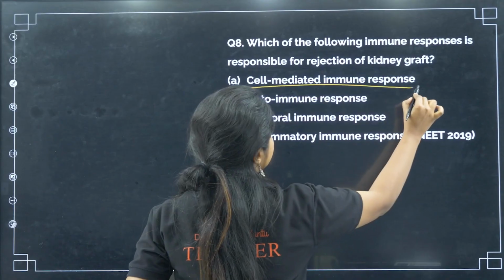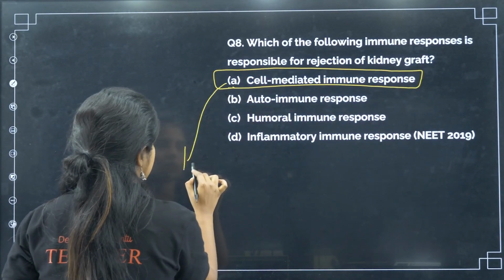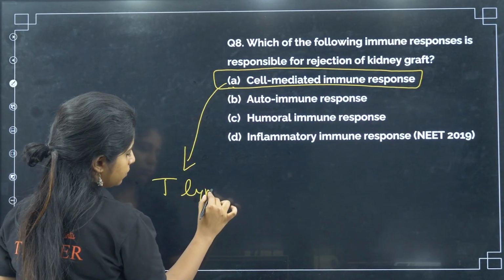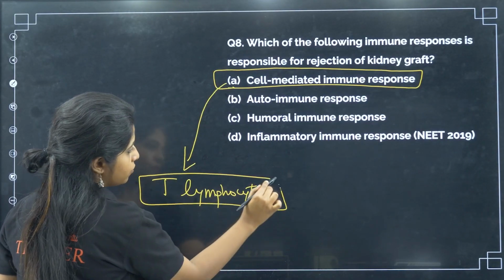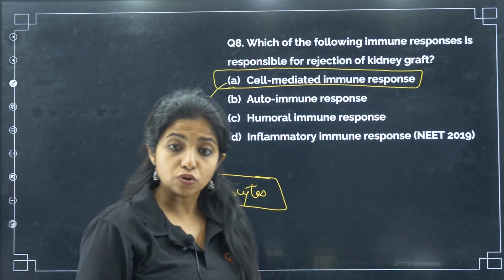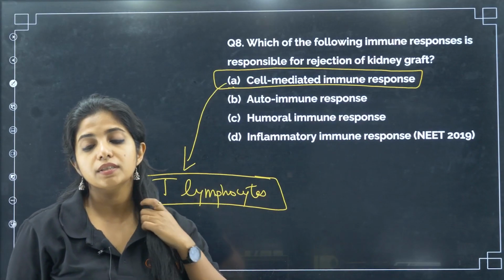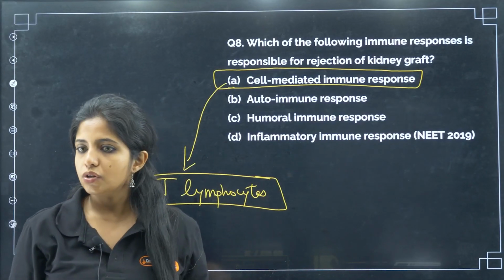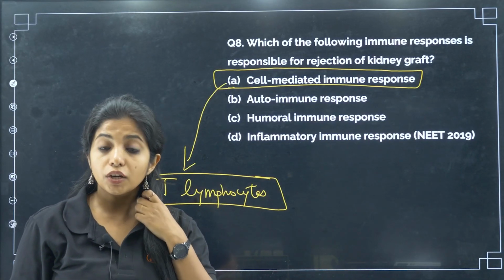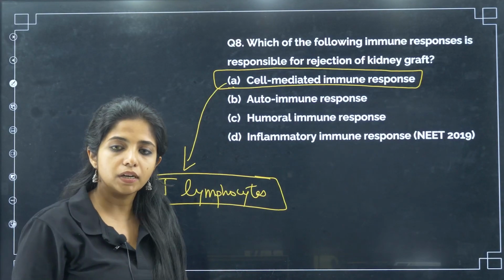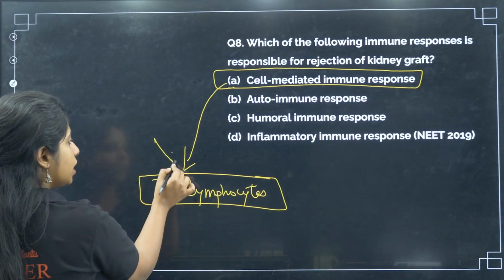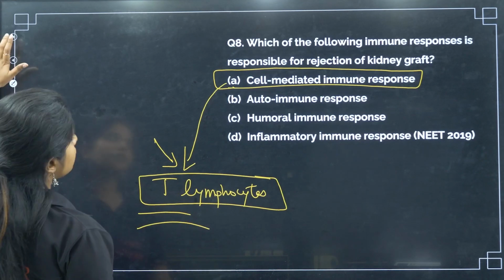It will be cell-mediated immune response, where you are focusing on T lymphocytes. T lymphocytes play a major role here and help with the cell-mediated immune response. It's not autoimmune response, it is not humoral. In humoral, B lymphocytes play a major role. So it is cell-mediated immune response that helps in kidney graft and all kinds of graft rejection. It is by T lymphocytes.